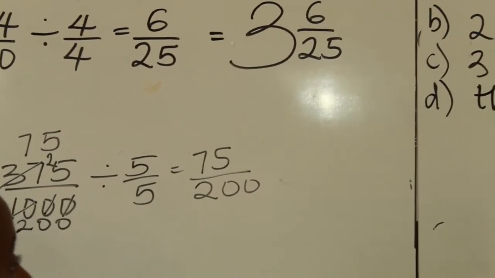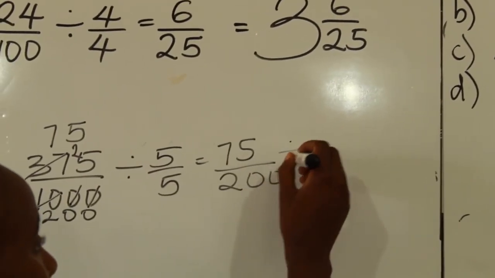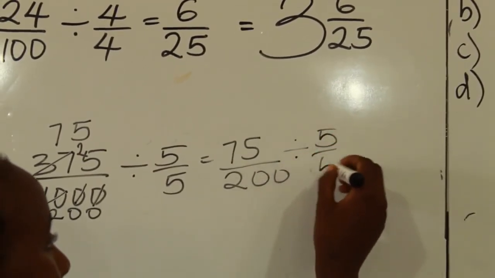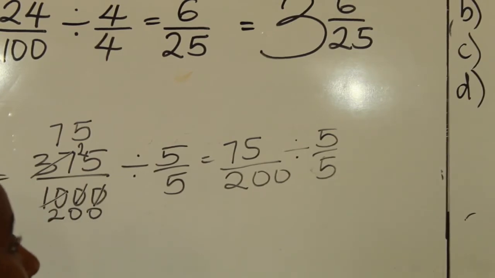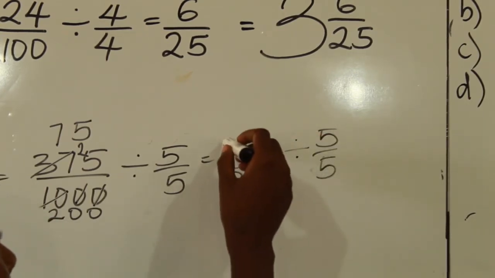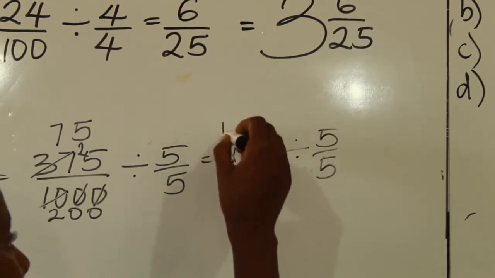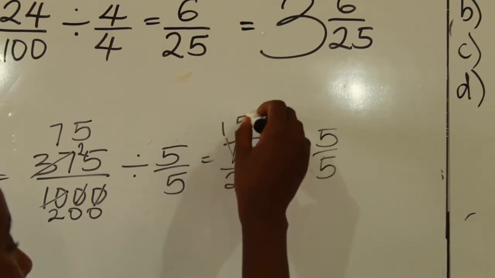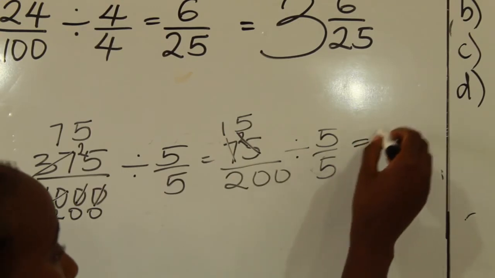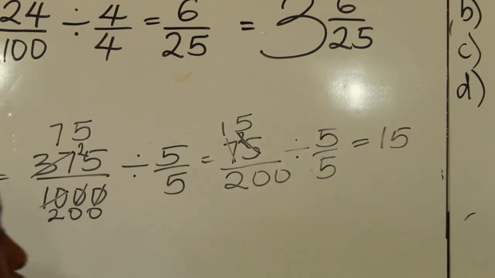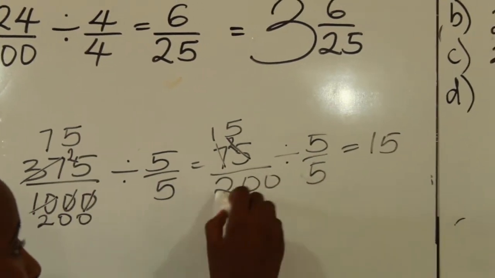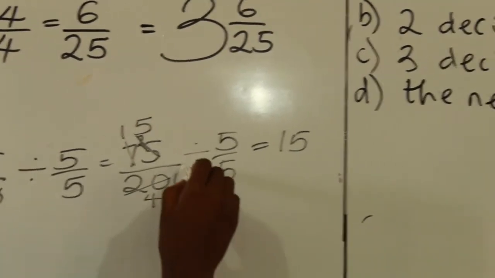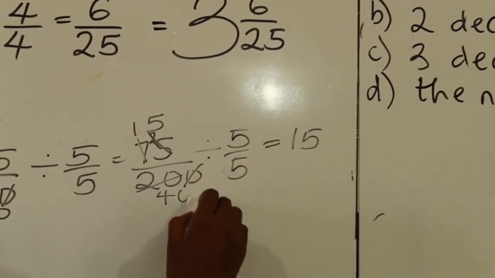Next, we'll reduce 75/200 again. Looking at 75/200, it can be divided by 5. 75 divided by 5: 7 divided by 5 is 1, remainder 2. 25 divided by 5 is 5. We have 15 here. And 20 divided by 5 is 4. 0 divided by 5 is 0.